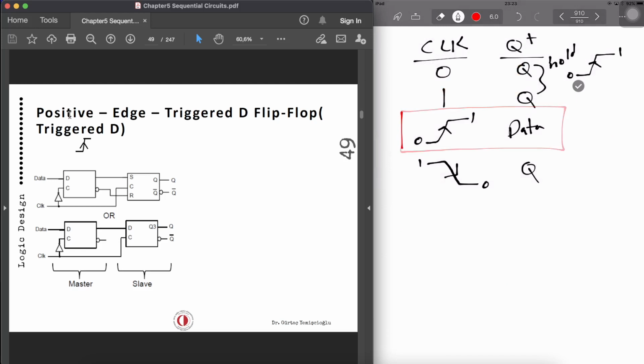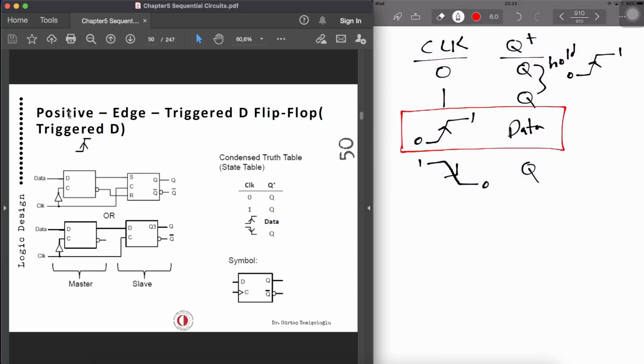You can also have negative edge triggered flip-flops. With the negative edge triggered flip-flop, we also have the clock and Q next, and the negative edge is high to low, so 1 to 0.